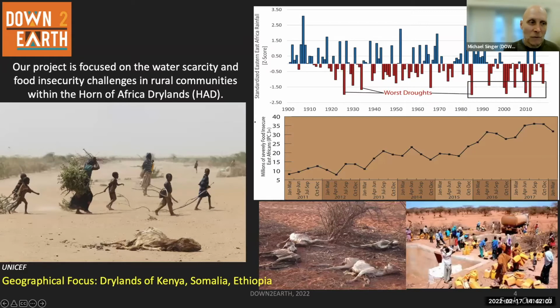And what happens in moments like that is that people who are living in subsistence communities like this are on the move, where livestock are dying, where crops fail to grow, and where water becomes a very scarce resource and wells dry up. And that has pushed many people within the broader region of East Africa into severe food insecurity, or even famine in some cases. Next slide, please.